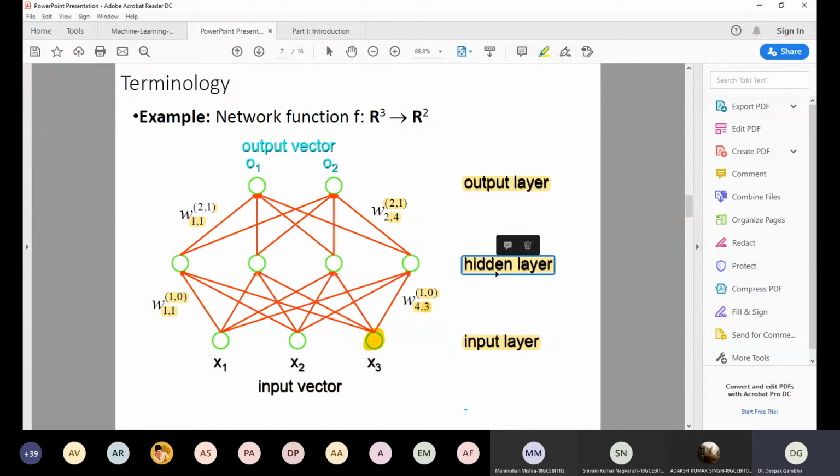Similarly, when I write 2 1, it means it is between the first layer and the second layer, that is the hidden layer and the output layer. Similarly, this weight W21 is between hidden layer and output layer, and this weight W10 is for the input layer and the hidden layer. This terminology is used whenever we use the backpropagation algorithm.